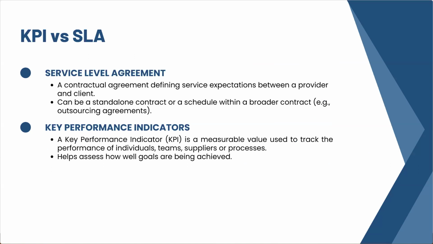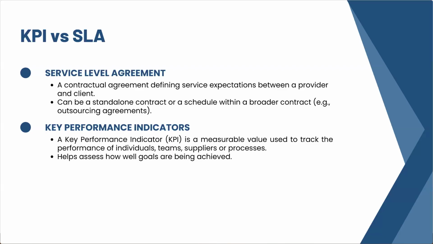On the other hand, we have the SLA. SLA is abbreviation for service level agreement. It could be a part of a contractual agreement, or it could be a standalone contract.